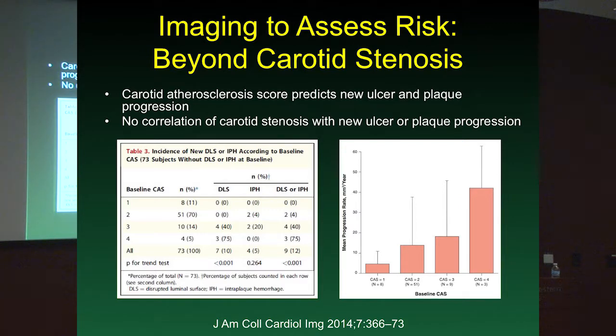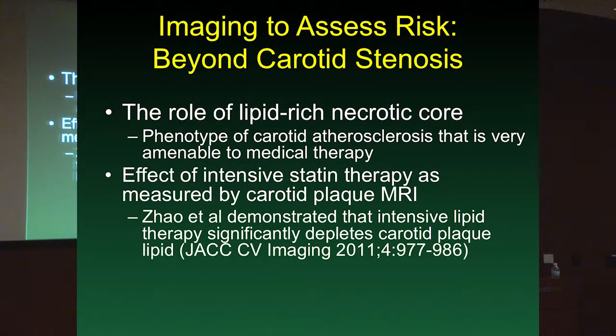So what we're trying to do is take a complex area and make it like a simple score that you can assess risk for. So we think that the large lipid-rich necrotic core, the CAS4, is the phenotype of atherosclerotic disease that's very amenable to medical therapy.